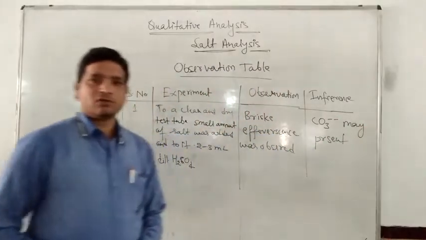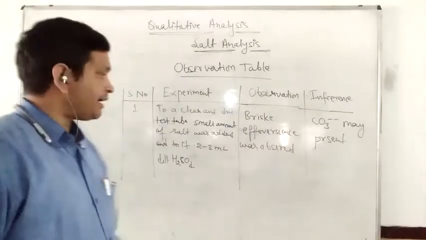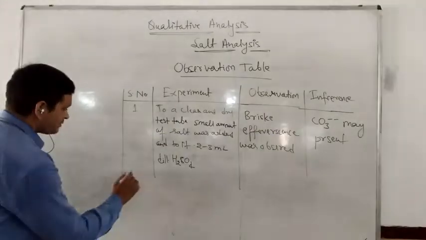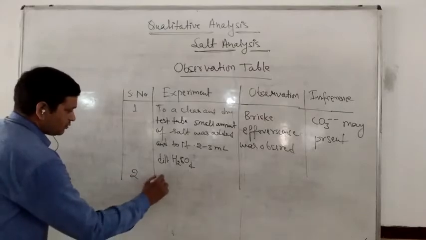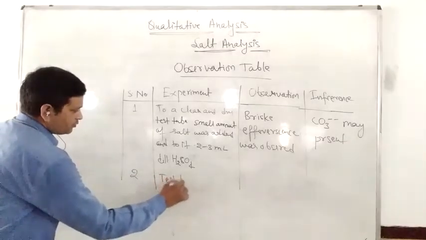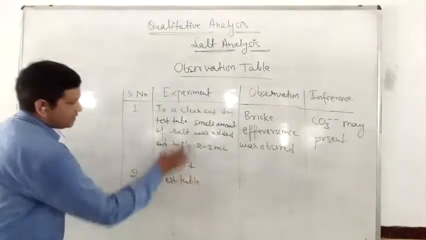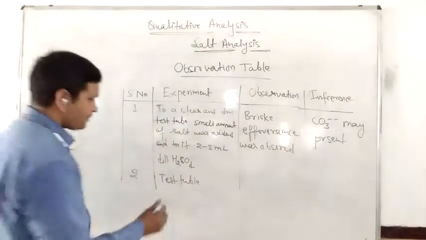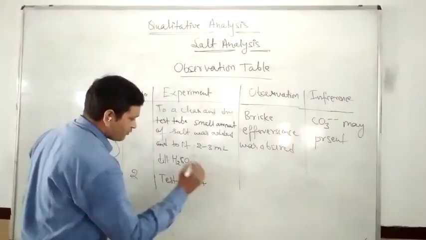So to confirm this carbonate ion, we have performed another experiment. We have taken a test tube. Each and every time you have to write all these things, so I am writing here in the short form.